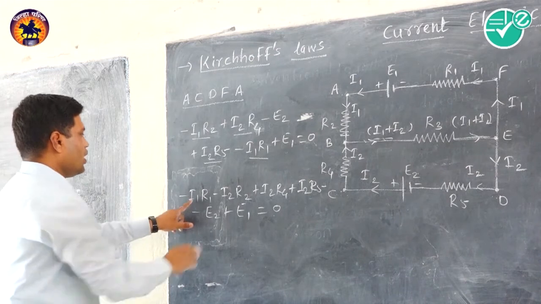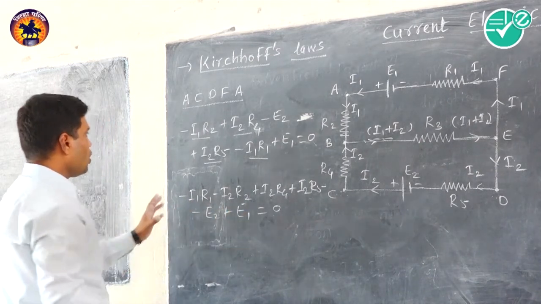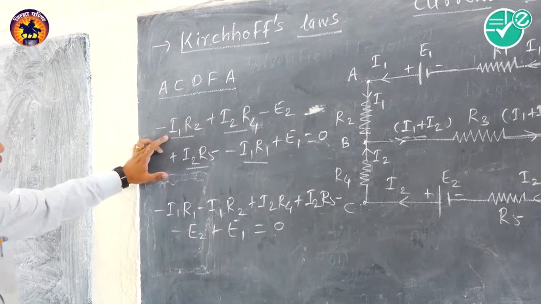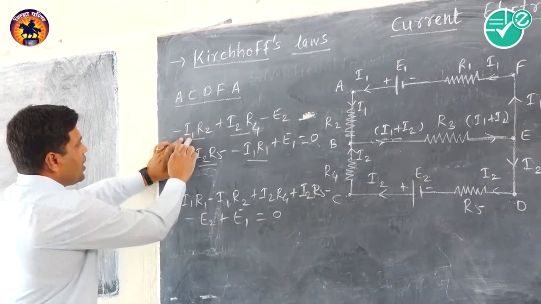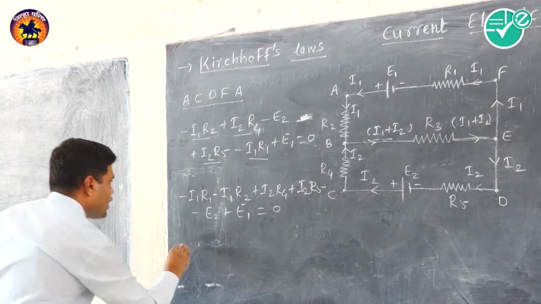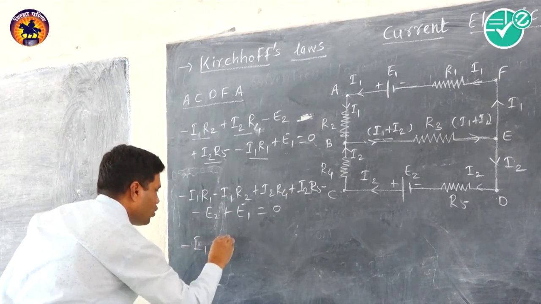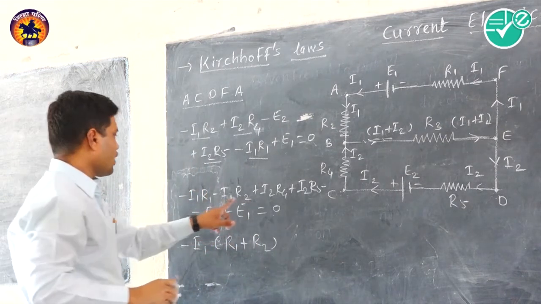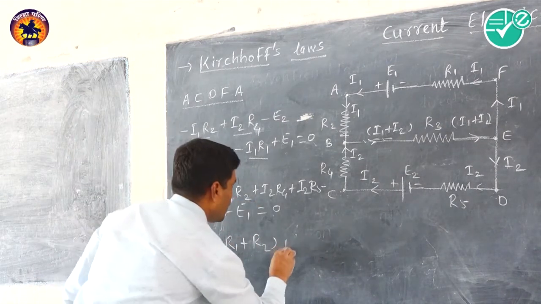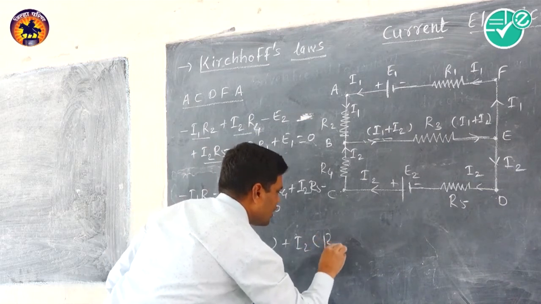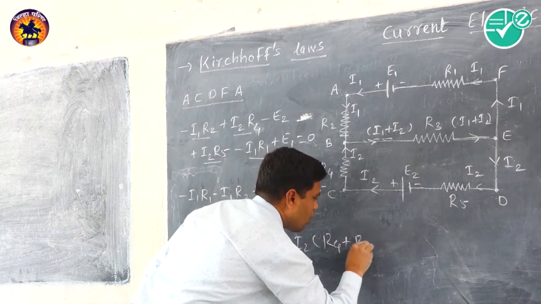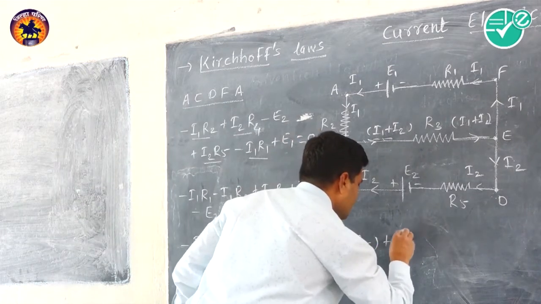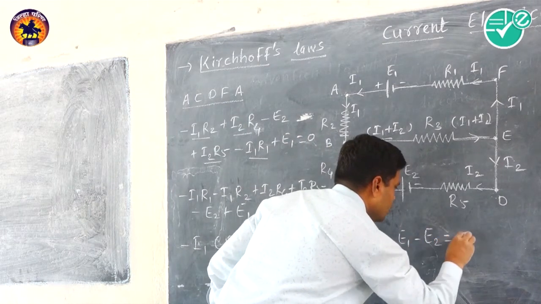Here we have minus I1 R1 and minus I1 R2. If you take minus I1 common, you will remain with R1 plus R2 in the bracket. For the other terms, if you take I2 common, you get R4 plus R5 in the bracket, and then E1 minus E2 is equal to 0.